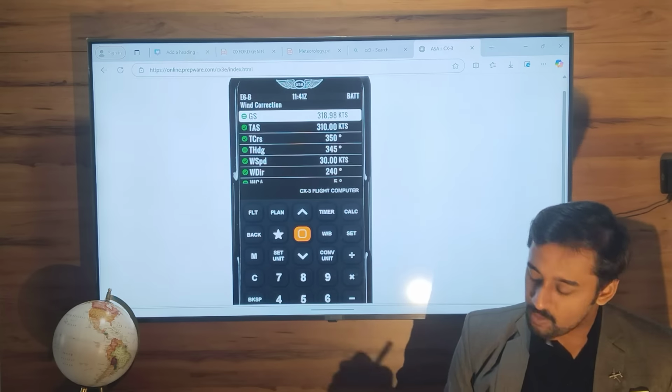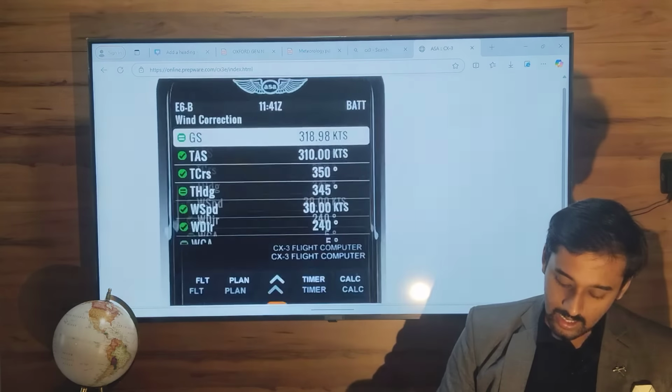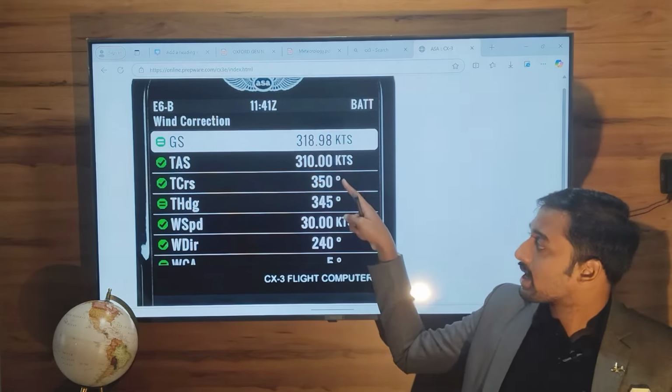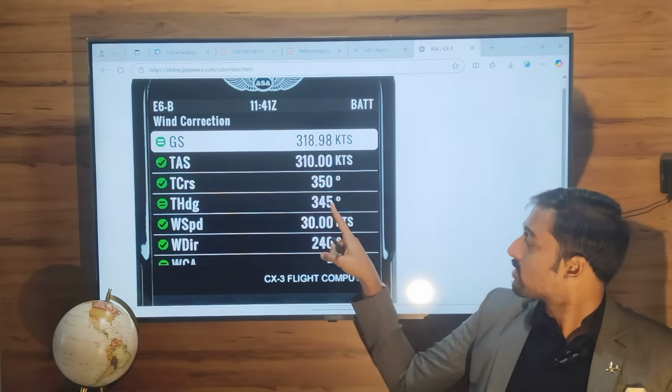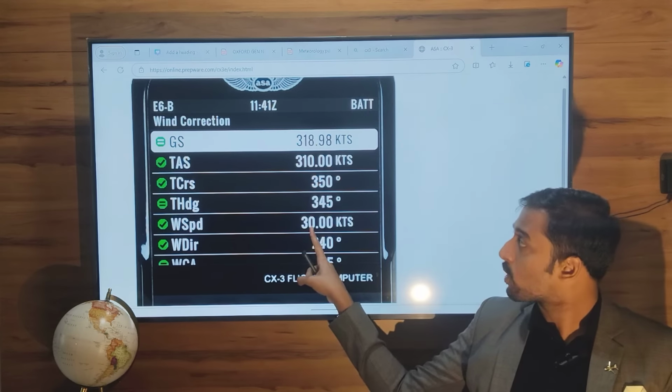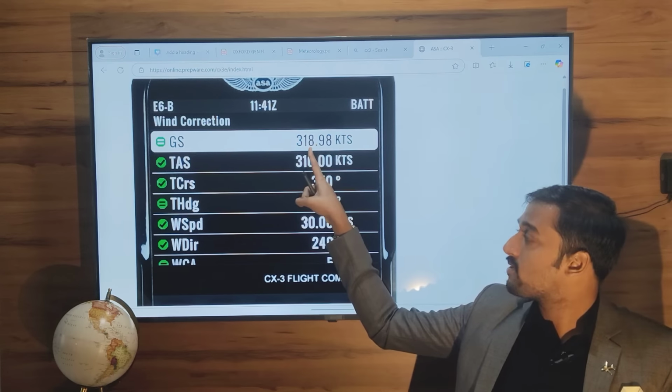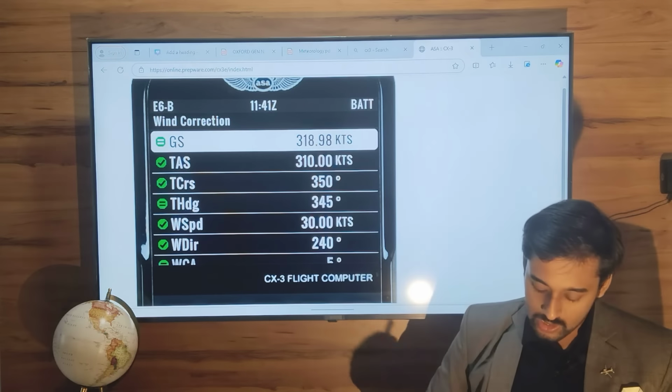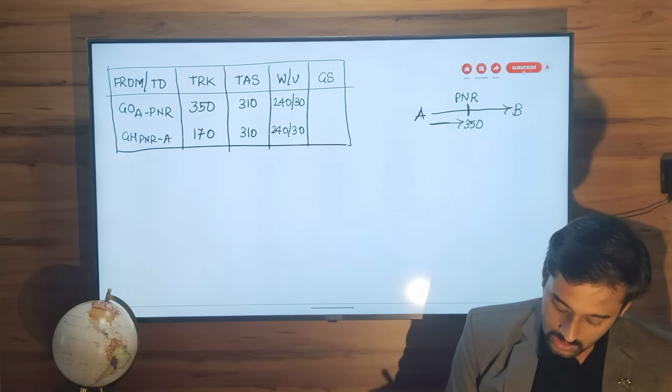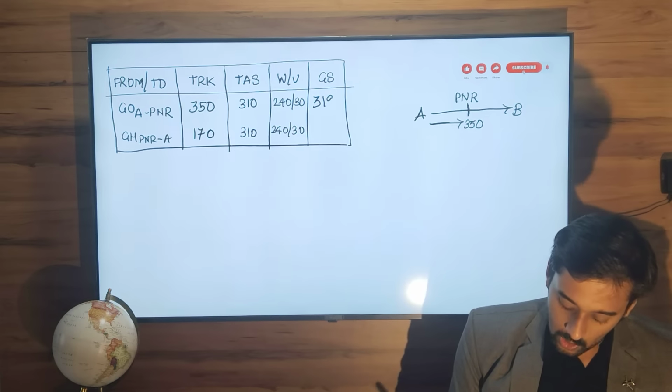So A to PNR: TAS 310, track 350, wind 240 at 30 knots. So your speed will be 318.9, approximately 319 knots.